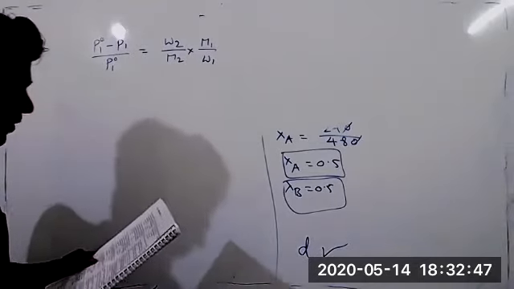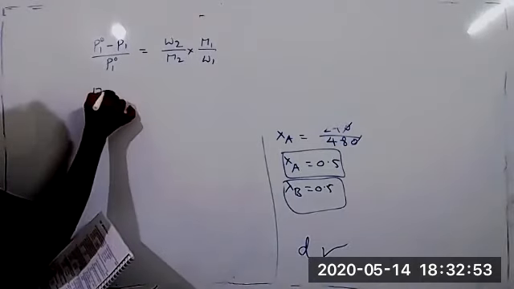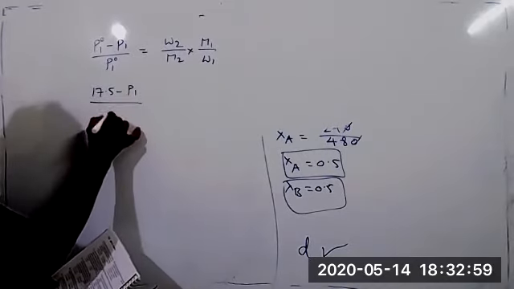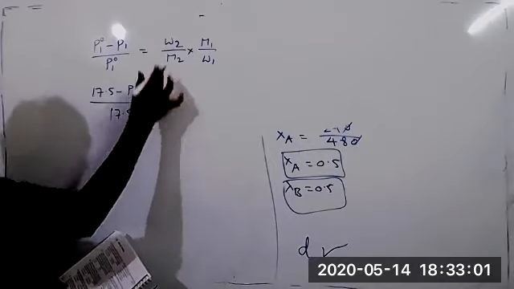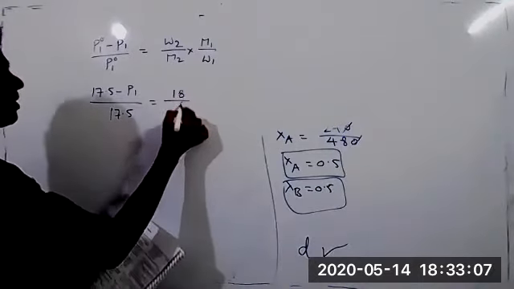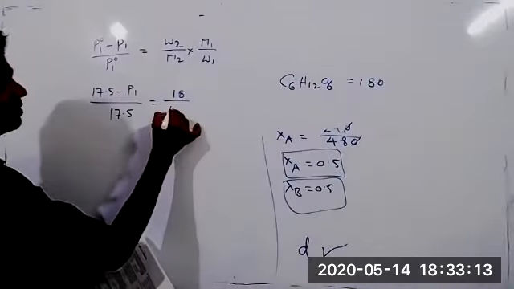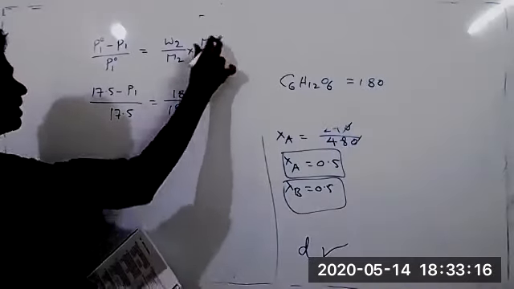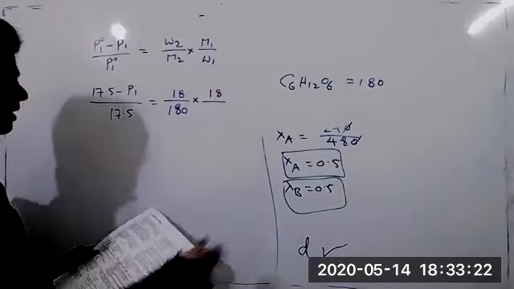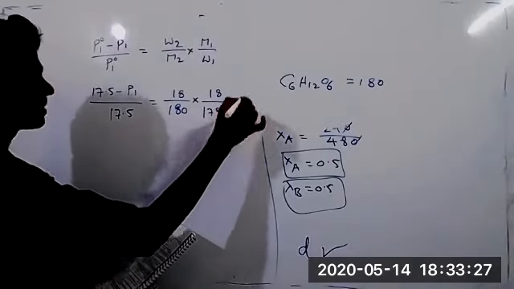So here the vapor pressure of water at 20 degrees centigrade is 17.5 mmHg. So P1 power 0 is 17.5 minus P1. P1 is the vapor pressure of solution, this one we have to calculate. And P1 power 0 is again 17.5, equal to W2, 18 grams of glucose. Glucose C6H12O6, its molar mass is 180, into M1, molar mass of water we know is 18, divided by the mass of water, 178.2 grams.